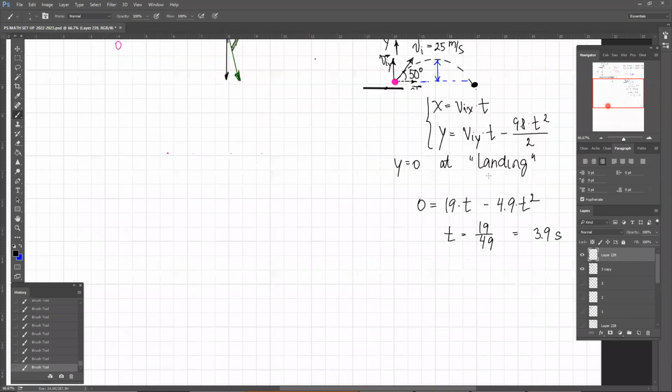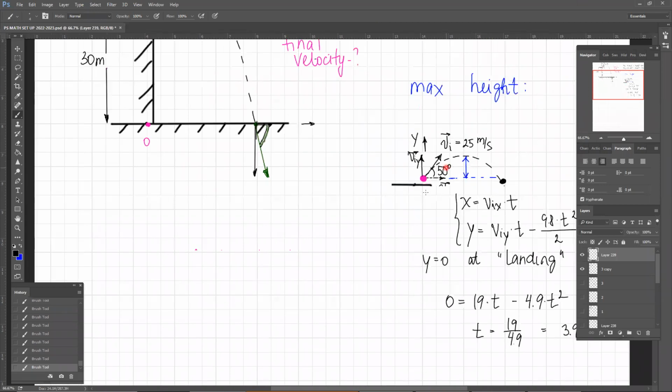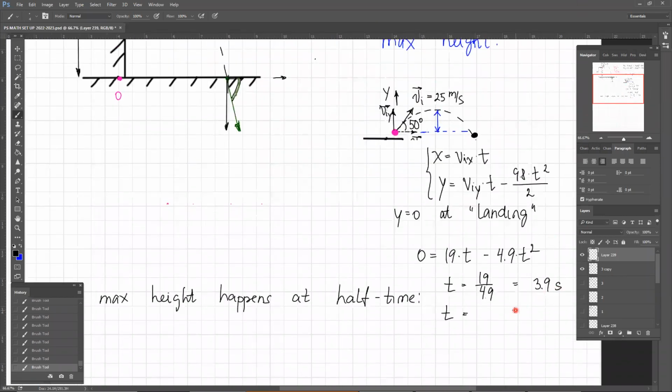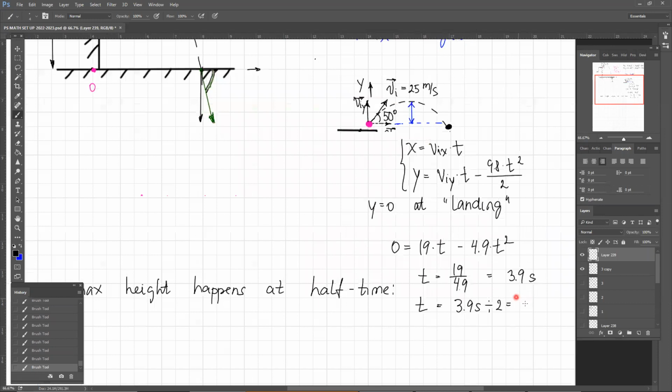Half time. Why do we need half time? Maximum height happens at half time. At half time, which is 3.9 divided by 2, I have it as 1.95 seconds.